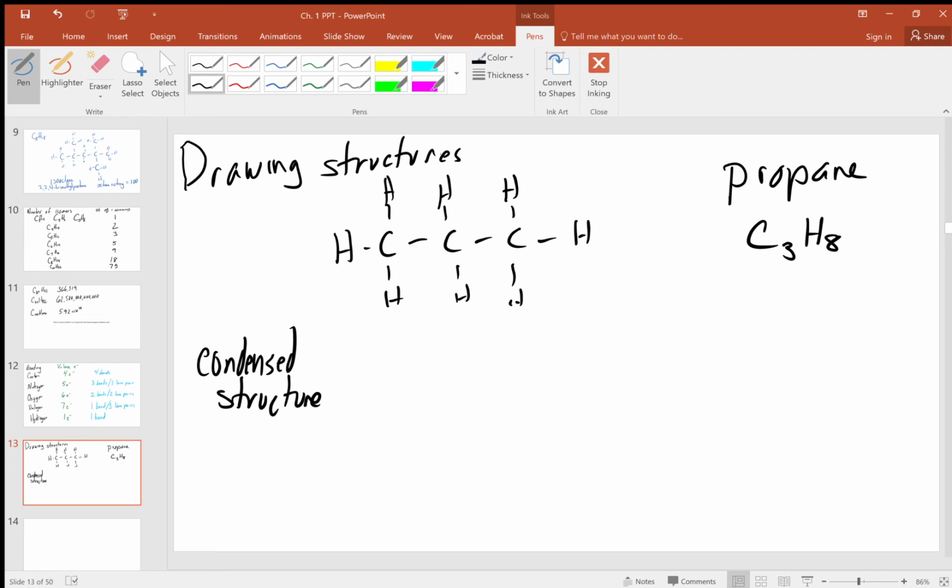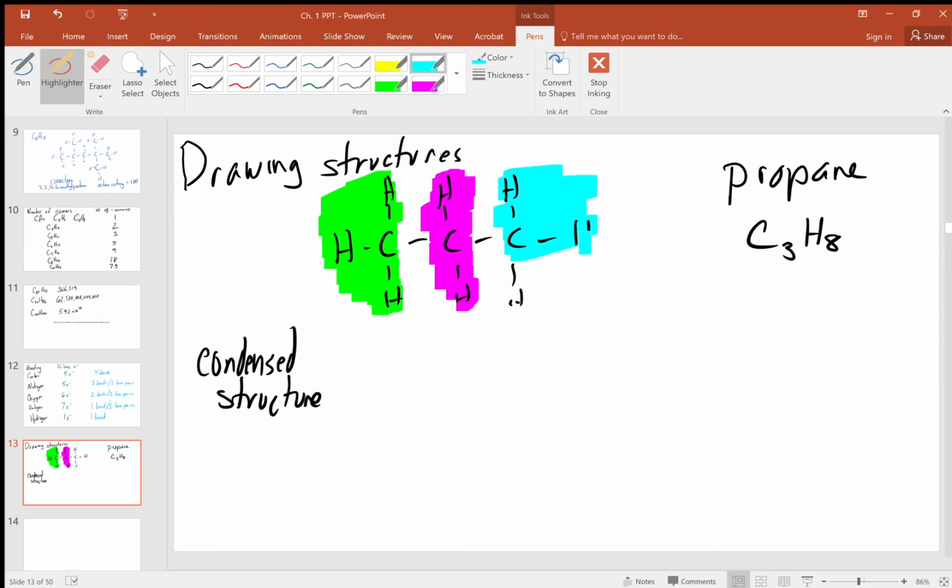By a condensed structure, we're going to take each carbon and whatever is on that carbon and group it together. So that first carbon that I've highlighted in green has 3 hydrogens. So we'll group those together, CH3.